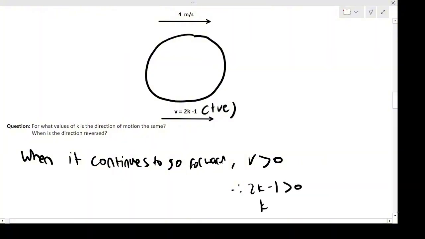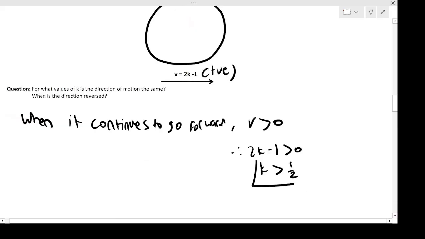Then we can solve and we get k greater than a half. So when k is greater than a half, that will make sure that I get a positive answer, and if it's a positive answer, that means the direction remains the same. We do not flip the direction. Hopefully happy with that.